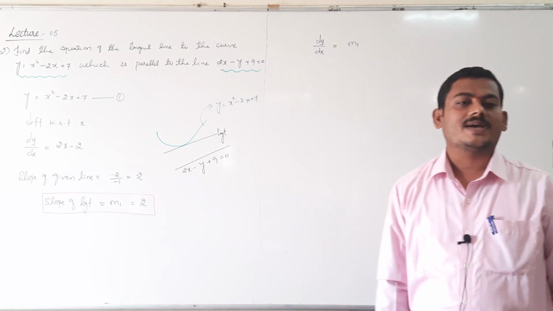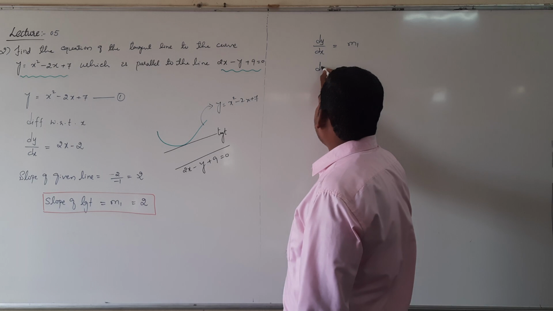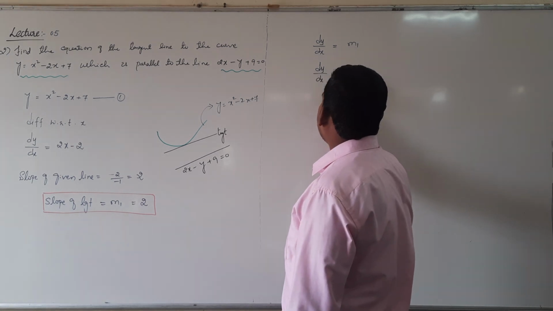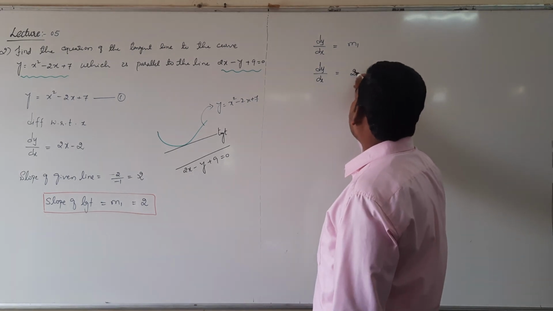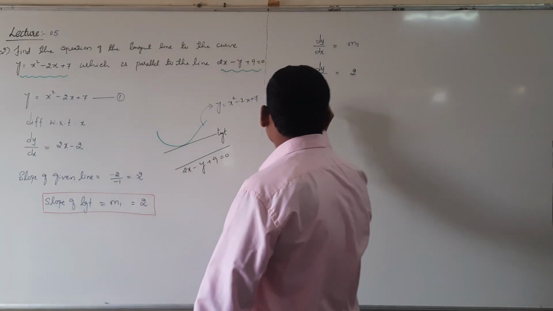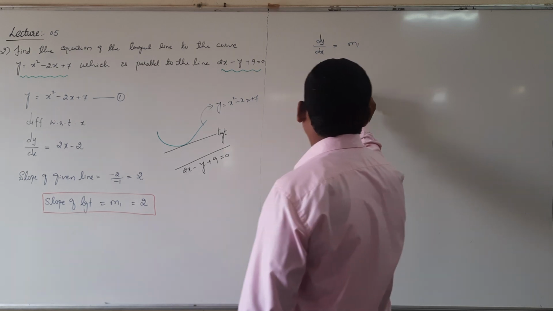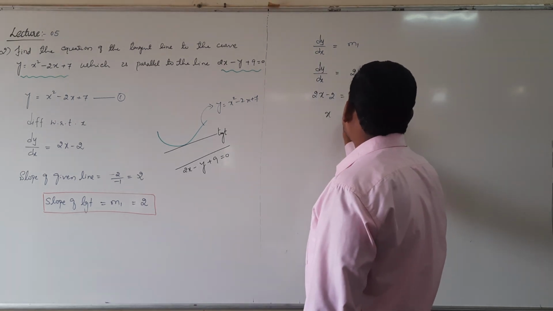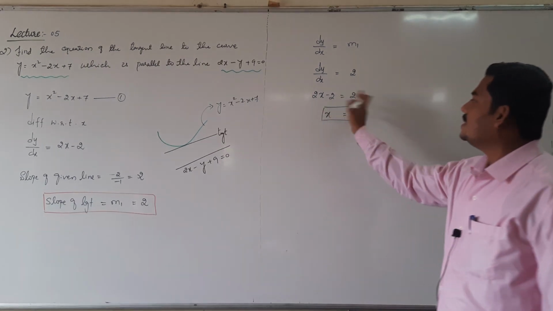It is one of the definitions by using derivatives. And already we have the m1 value, that is 2, and we have dy by dx, that is 2x minus 2, that's equal to 2. Then x equal to 2 only, right? Just simplify.